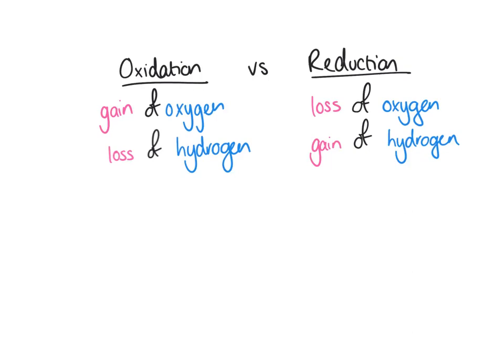So we've looked at examples now of reactions of oxidation and reduction in terms of oxygen and hydrogen. And we've also looked at redox and how that is reduction and oxidation occurring simultaneously in the same reaction. In the next section, we're going to look at what oxidation and reduction are in terms of electrons.